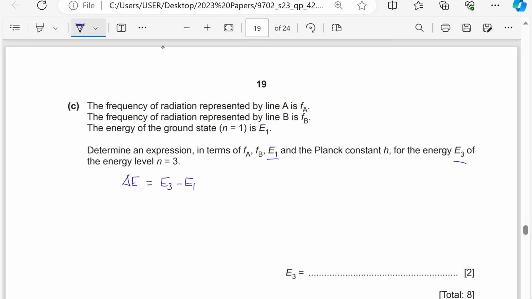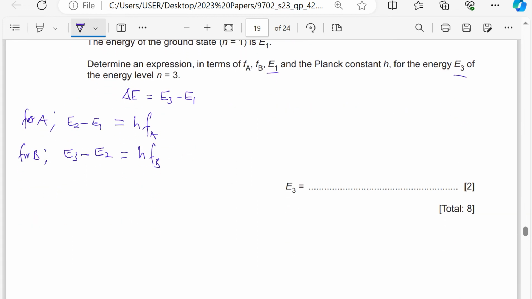Okay, so let's consider line A. For line A, the transition was from E2 to E1, which is equal to h times the frequency, which is called FA. Then for the line that I labeled B, the transition was from E3 to E2. That means this is going to be h times frequency FB.